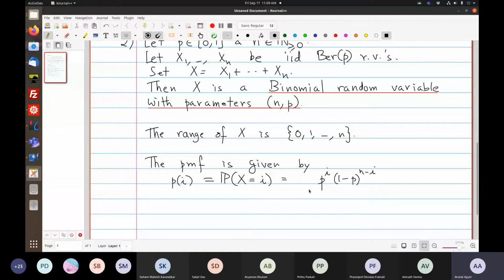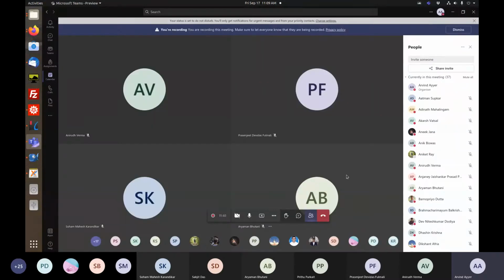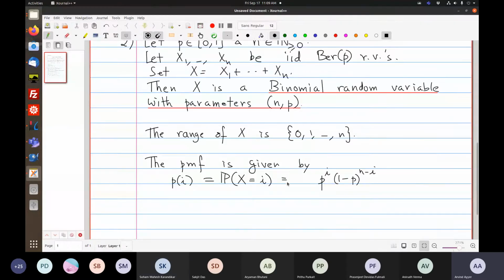But how many such possibilities are there? n choose i. That's right. So again, this is something you know, and this is why it's called the binomial. I remind you, this is n factorial over i factorial times n minus i factorial.